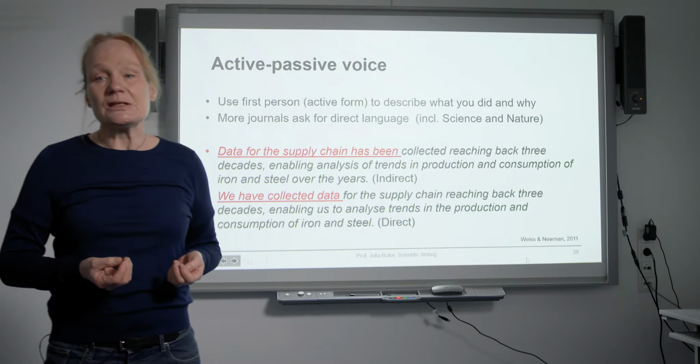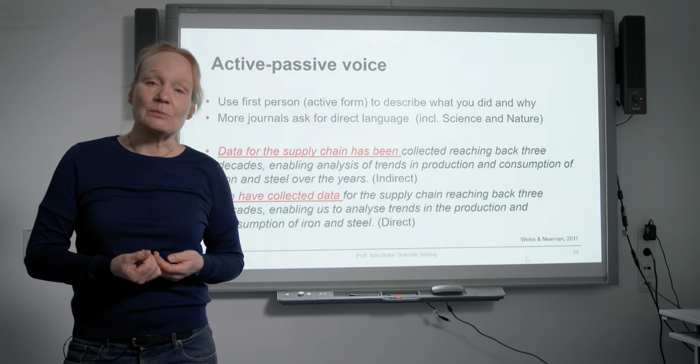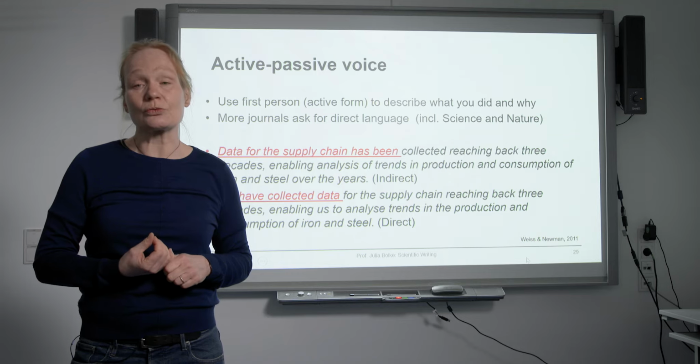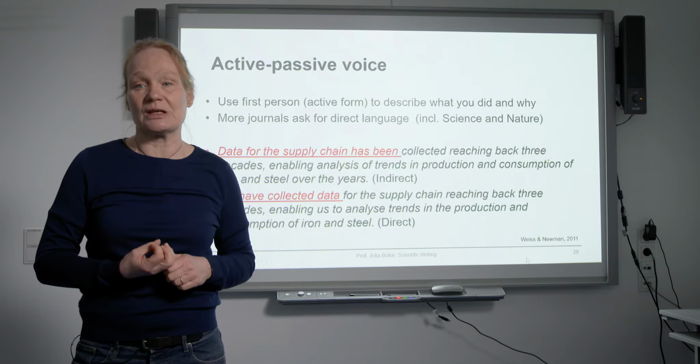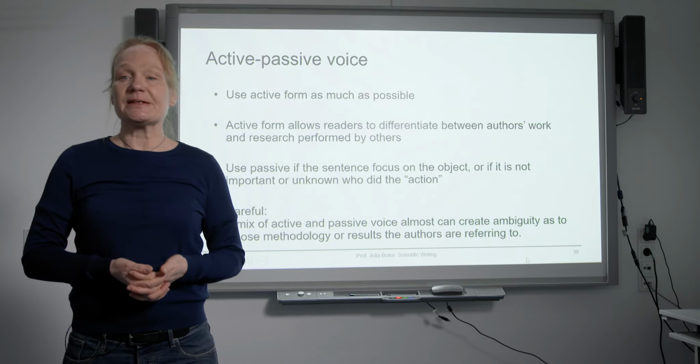In this lower case, you see the active voice, and this is what we would like to read. In most cases there are, of course, exceptions to this rule, but try to use the active voice as much as possible.